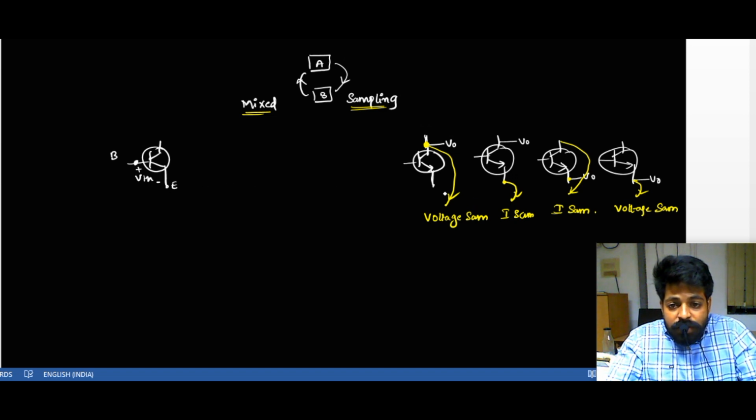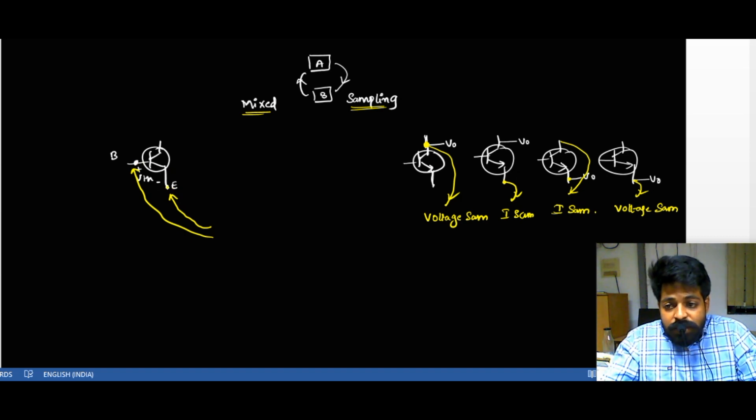Now, whatever sample we got, it can be mixed either at the emitter branch or at the base branch. If it is mixed at the emitter branch, your input signal is getting subtracted by the feedback signal.